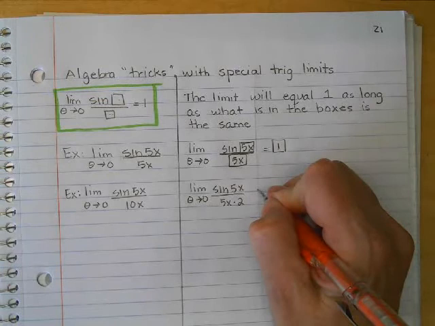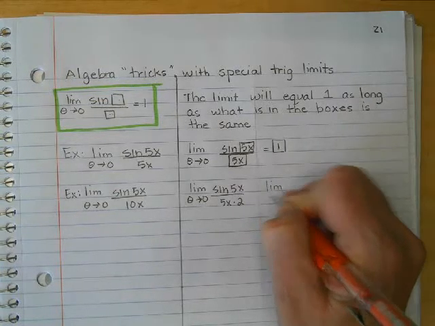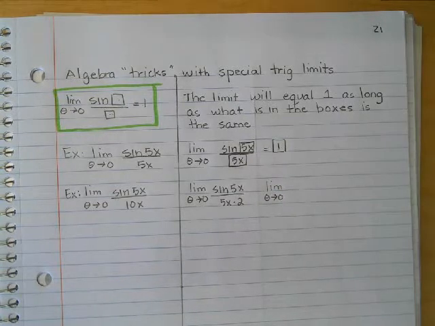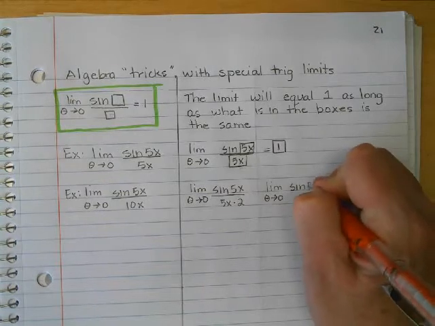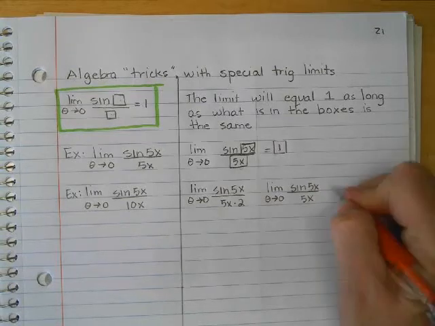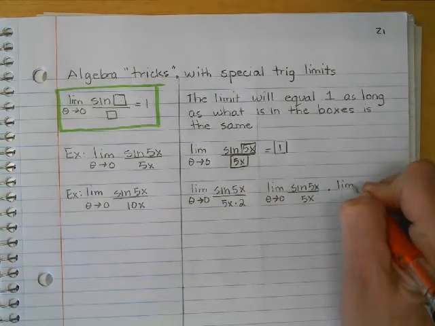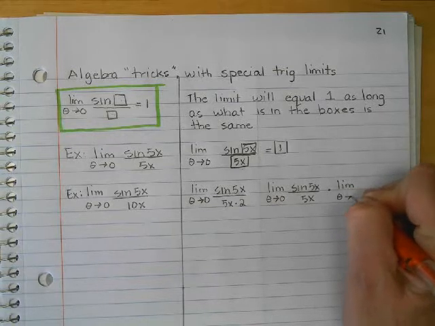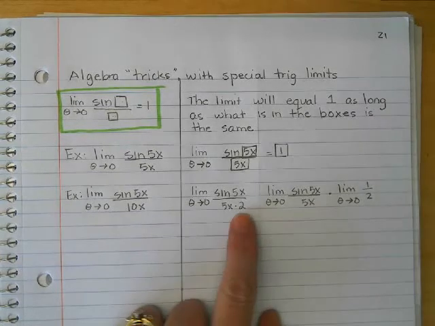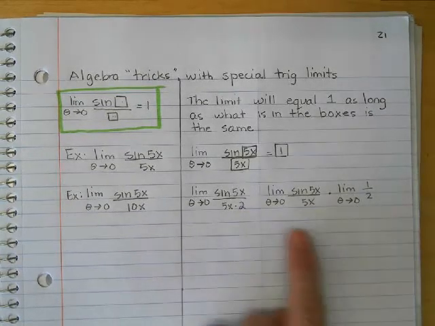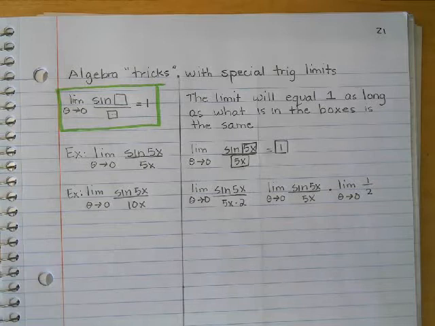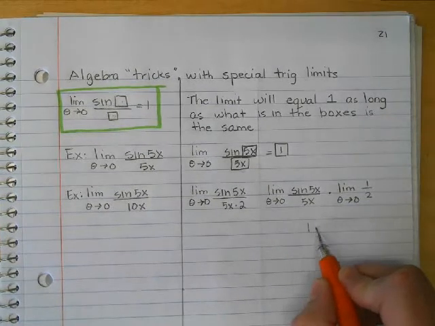So I'm going to break this up, and I'm going to say this is the limit as theta approaches 0 of the sine of 5x over 5x times the limit, and we had a rule that said we could do this, of 1/2, right? Because if I take that 2 out, and I did this times that, I get this back again. Well, we know that that is 1.